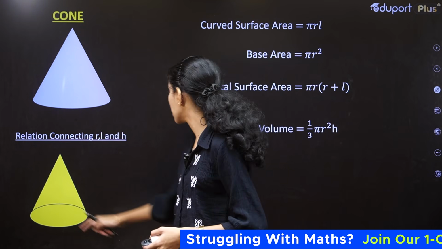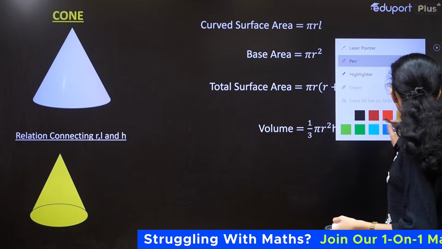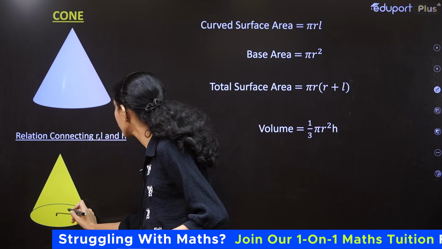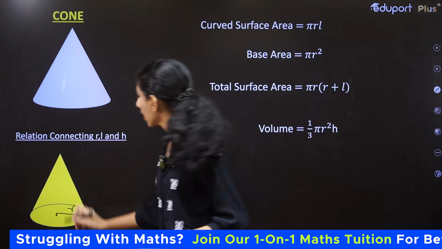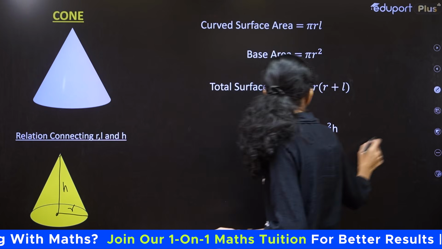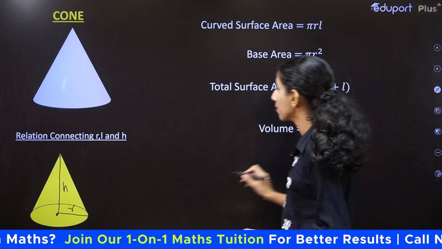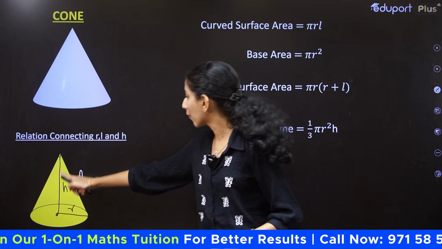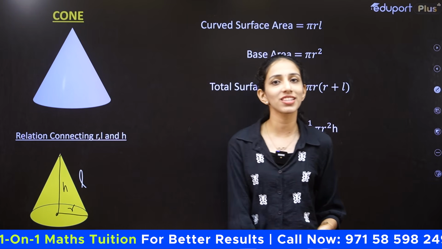If we consider this cone, here we have radius. Okay, it is the radius of the cone. And if I consider this as the height of the cone, and here also we have the slant height of the cone. Can you say which type of triangle this is?